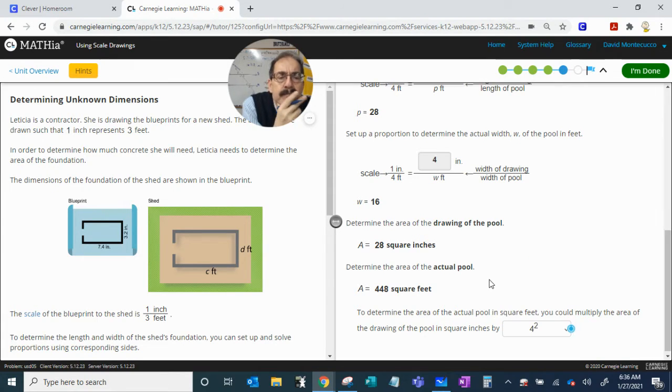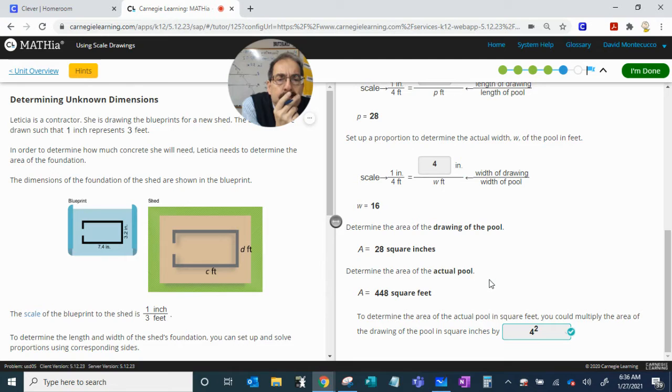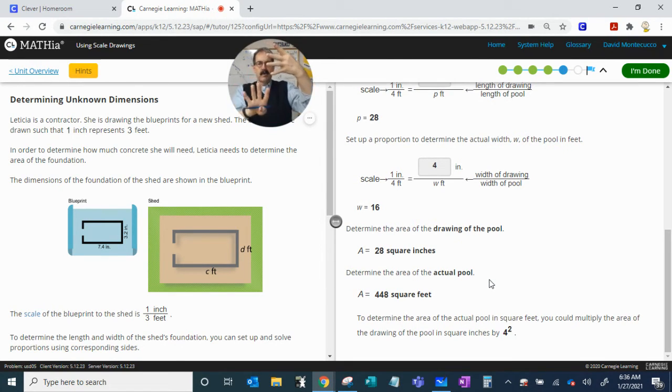Isn't it the 16? Because it's a 1 to 4 ratio. 4 times 4, you get 16.